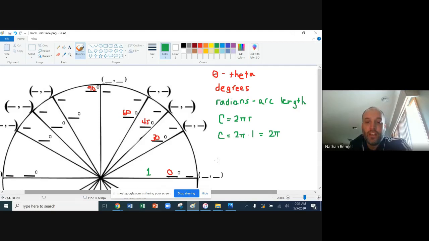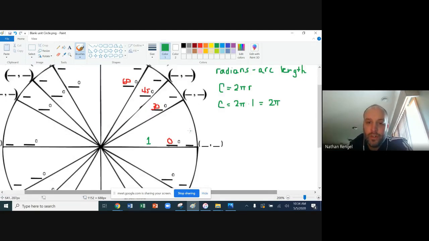That's how many radians go around your circle. So right here we could say this is going to be 0 radians. Also 2 pi radians would be right there. And we're talking about that distance around the circle. So radians measure your angles as these arc lengths.